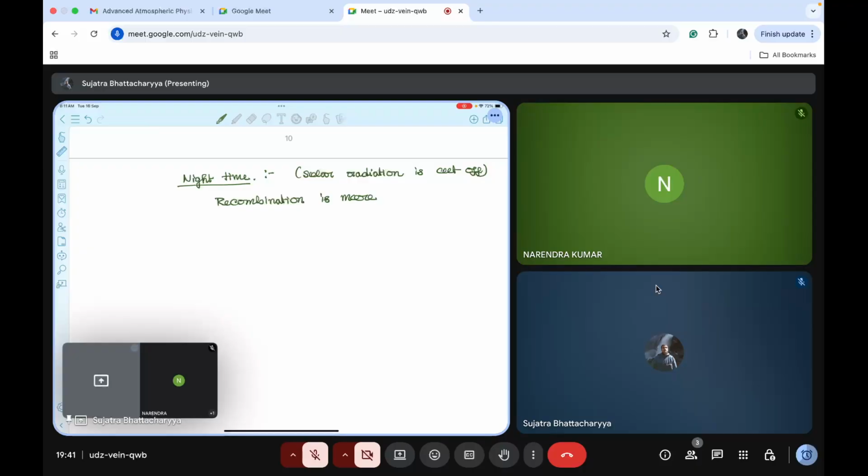Okay. So recombination is more and hence the number of ions drops. There are certain layers like the D layer that disappear completely. So it disappears. Okay, some points to note. So these are some brief introduction.